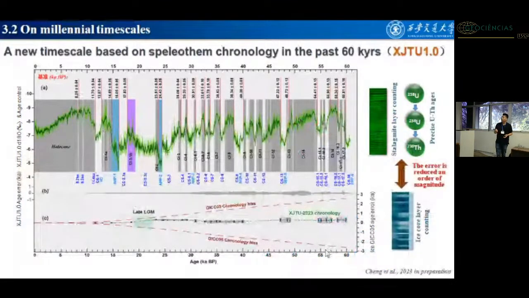This is our lab's recent work, because we use precise uranium-thorium dating and also confocal layer counting. We can build a very precise chronology. In the middle, the black arrow bar is our speleothem chronology error, and the red dashed line is the ice core chronology error.